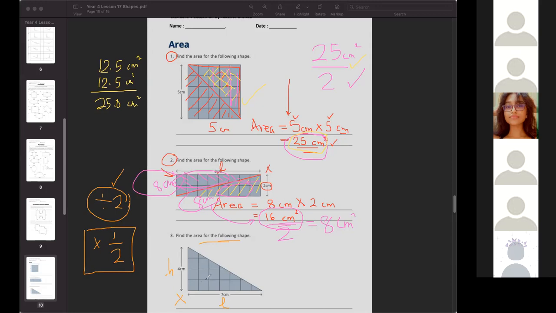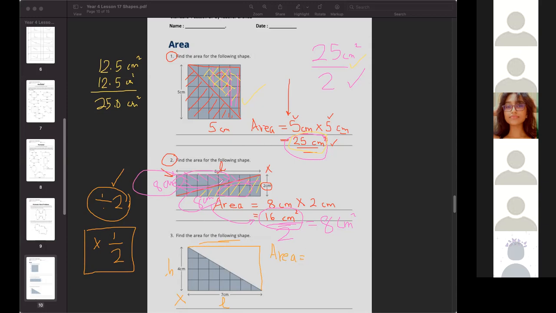Now let's do it for this question, number 3. So I'm going to draw out to show you where is the rectangle exactly. Can you see? This is a rectangle now, just like this. So to find the area of this triangle, I need to think of it like a half of a rectangle.